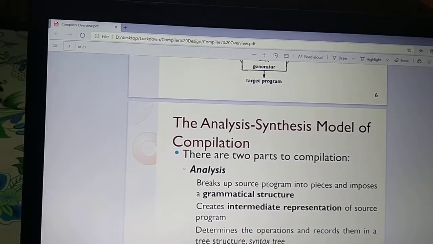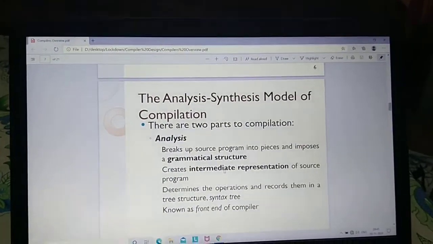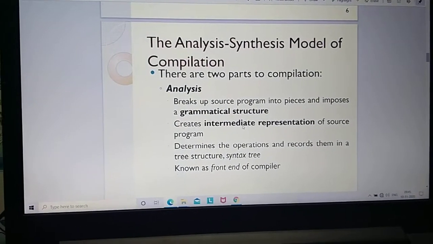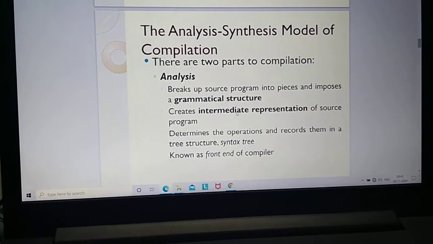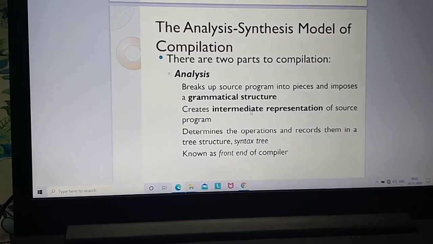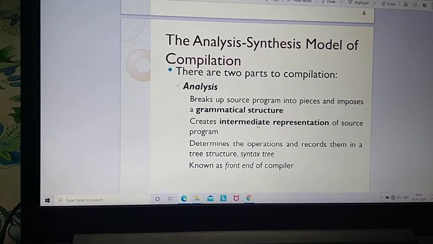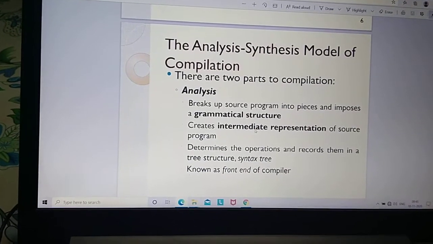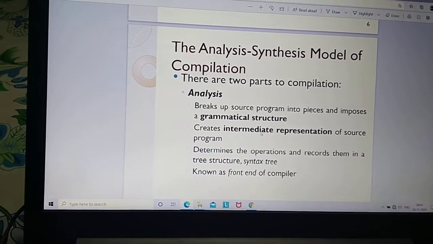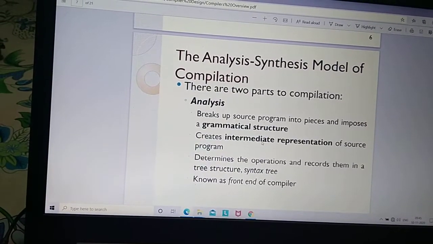The phases of compilation are basically divided into two parts. One is the analysis phase and the other is the synthesis phase. The first three phases are known as the analysis phase, whereas the last three phases are known as the synthesis phase. In the analysis phase, the compiler breaks up the source program into pieces and imposes a grammatical structure.